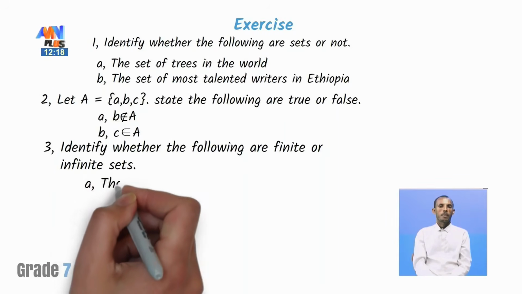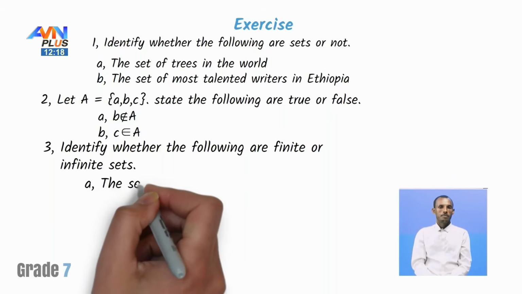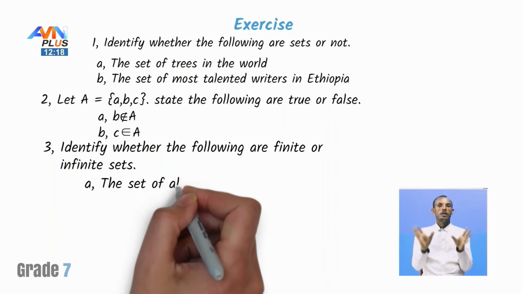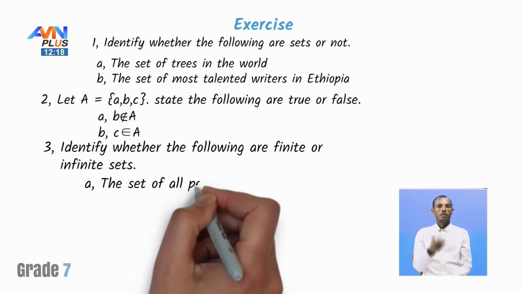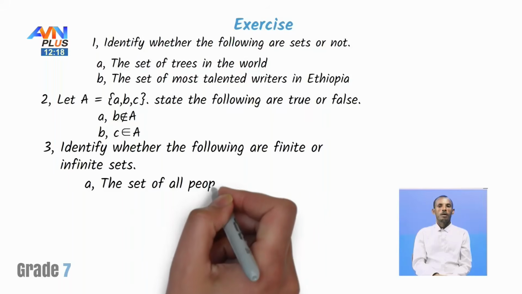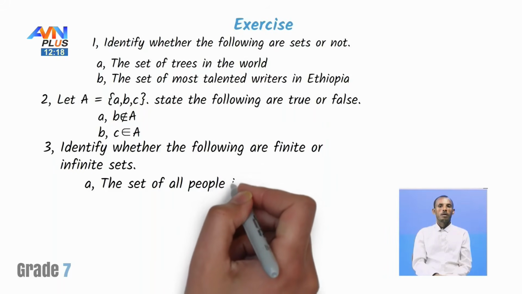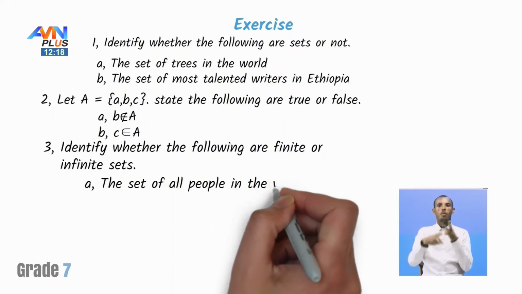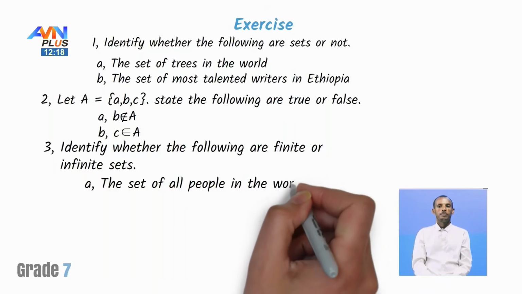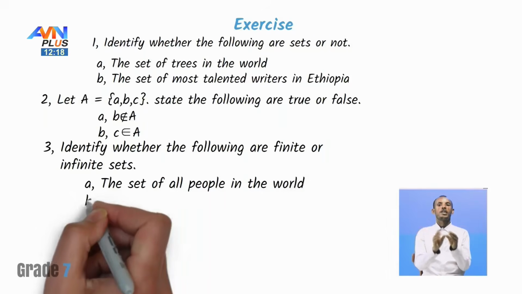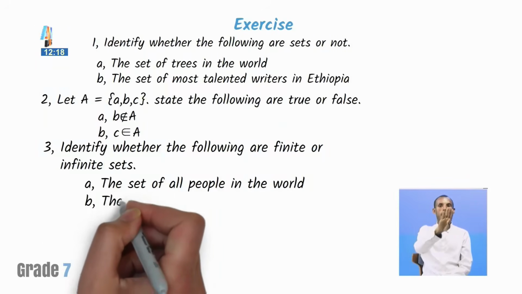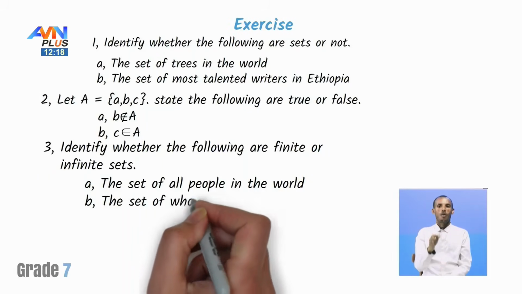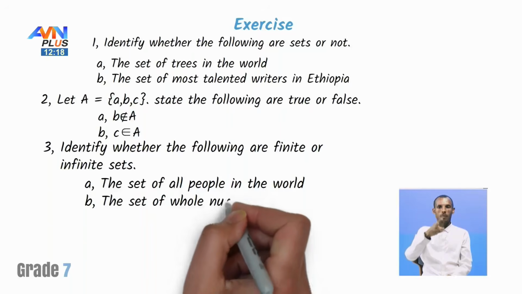A, the set of all people in the world. B, the set of whole numbers.